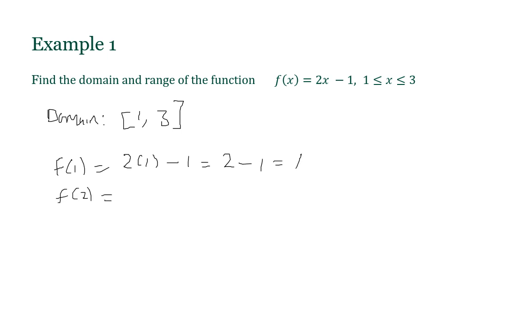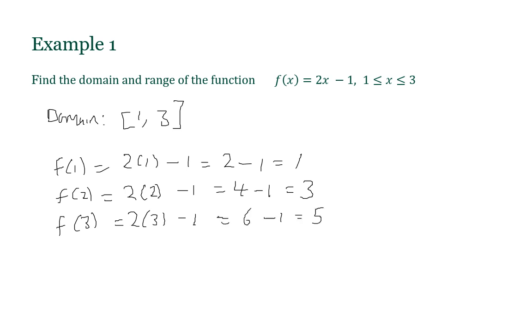This will just be 2 times 2 minus 1, which is 4 minus 1, equal to 3. Then next, we can compute f of 3. This is 2 times 3 minus 1, which is 6 minus 1, and this will give 5.